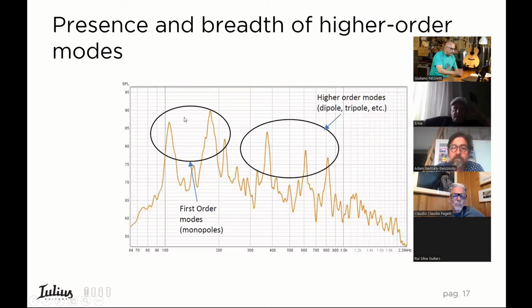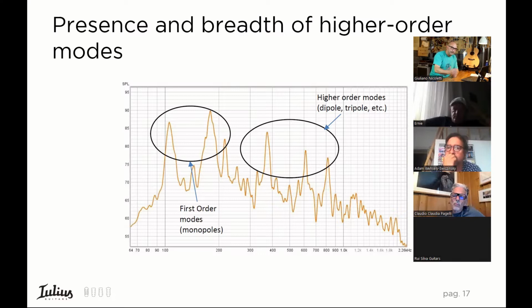And then the last thing that is very interesting to see is the higher modes, because different types of guitar might or might not have evident higher order modes, producing SPL. These modes are always present; if you make a Chladni pattern, we will always find them, because it's physical.